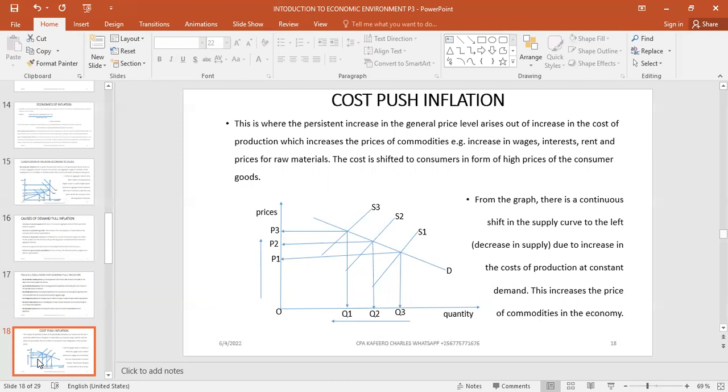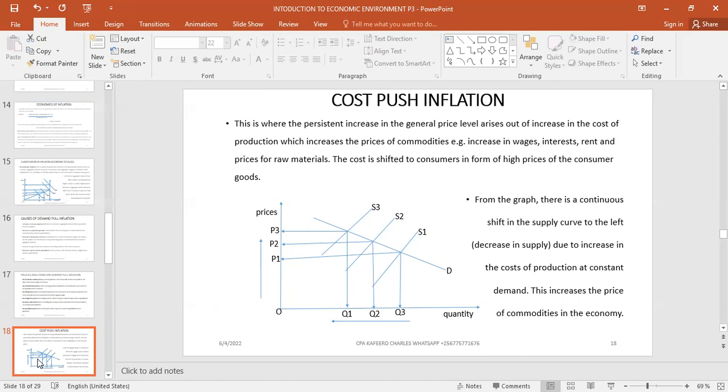Because you know from the costing concept that when the cost of raw materials increases, we expect those costs to be transferred to the final consumer, in that they are included within the selling price, because having known the cost, you can determine the selling price.